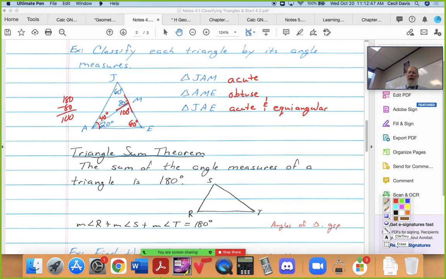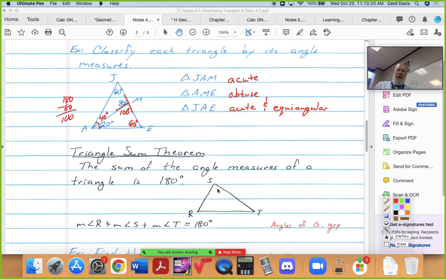Okay? Now, the Triangle Sum Theorem, I find that students at this age almost all know this one. Every now and then I find someone who doesn't know it, but just about everybody knows the angles in a triangle always add up to 180. For just a second, just set down your pencil and watch. I'm going to show you why. Okay? It's actually pretty interesting that you can prove that this is true all the time, not just accept that it's true.